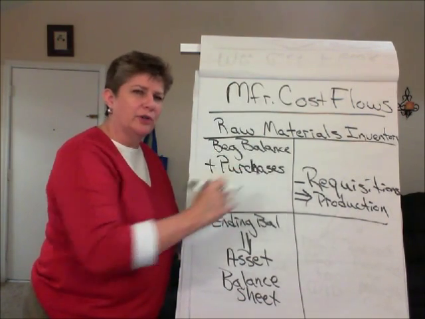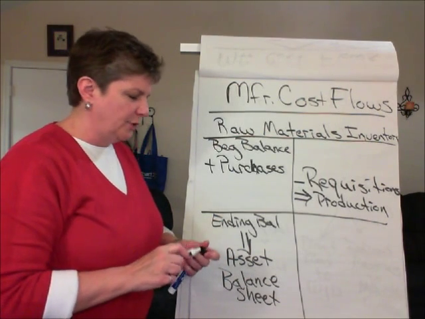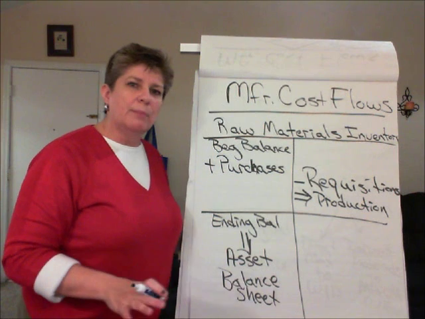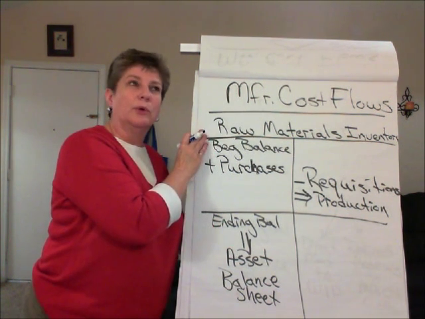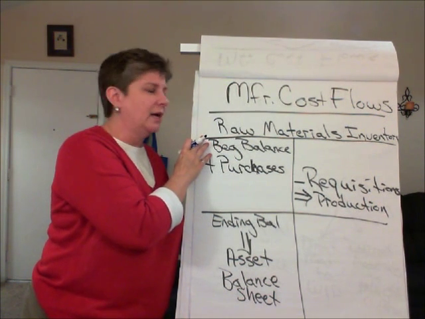Now, before we move on to the next inventory account, I want to talk just a minute about these requisitions of raw materials. Some manufacturers will keep separate raw materials inventory accounts.